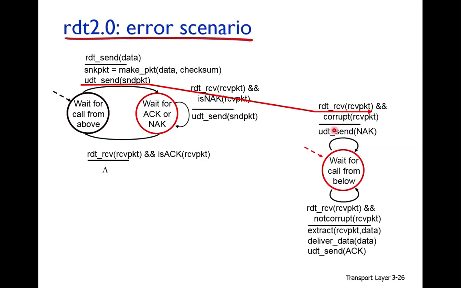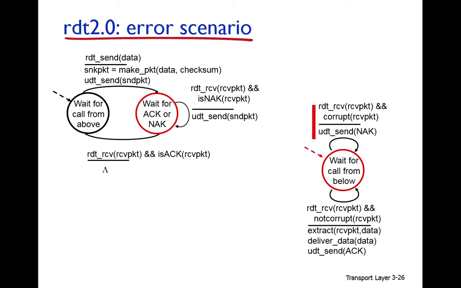It will not be delivered to the application layer. When the data is received correctly, it is given to the application layer, but here the data is not given to the application layer. So the data is discarded, and the receiver will send a negative acknowledgement.